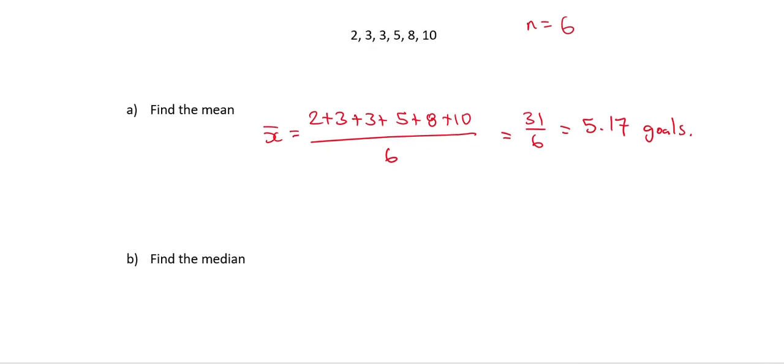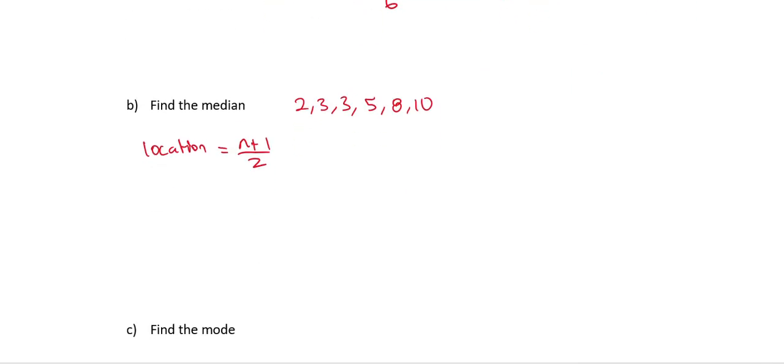Median. So just go based off our list here. 2, 3, 3, 5, 8, 10. So the location is n plus 1 divided by 2. So here it's 6 plus 1 over 2, 7 over 2, which is the 3.5 position.